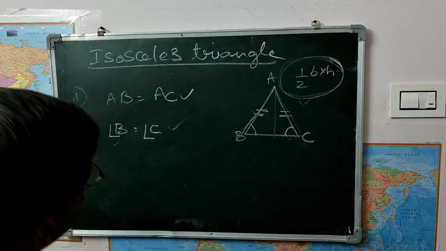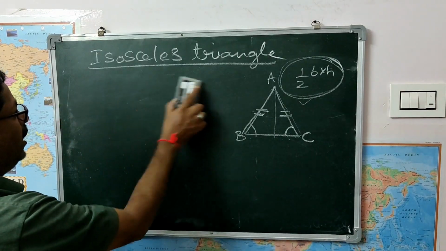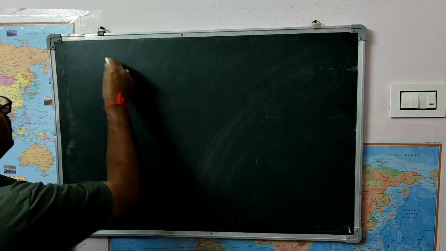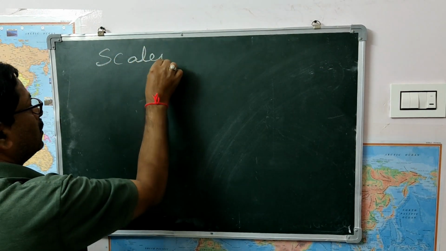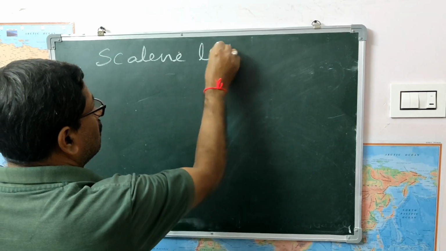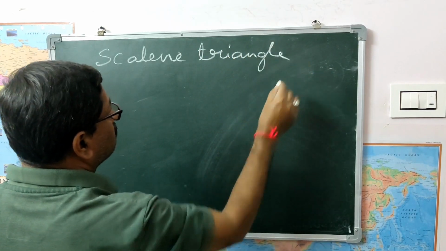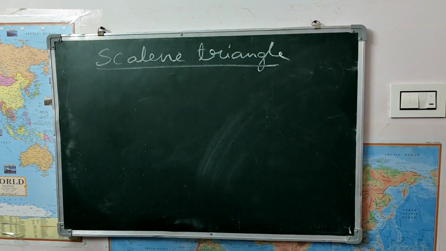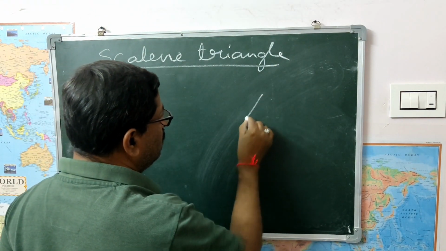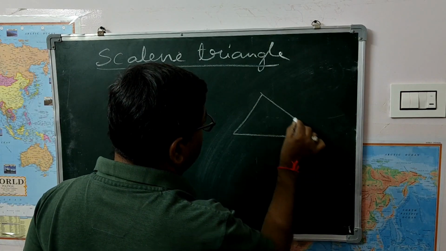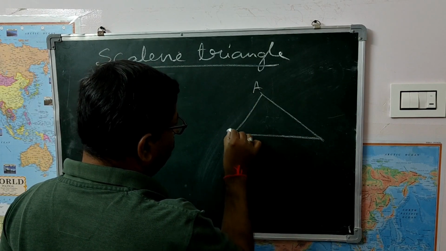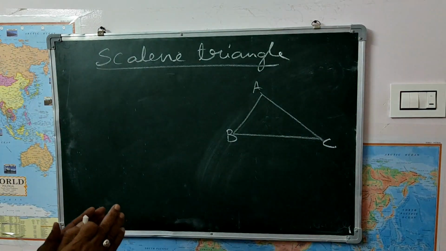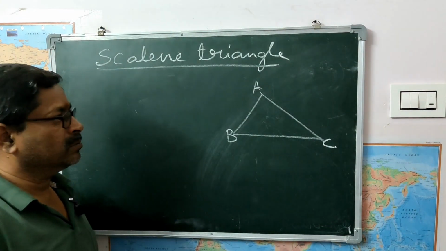And coming to the other kind of triangle, that is the scalene triangle. What is a scalene triangle? A scalene triangle means the three sides measure differently. A, B, C. In the picture itself, it appears that the three sides are unequal.